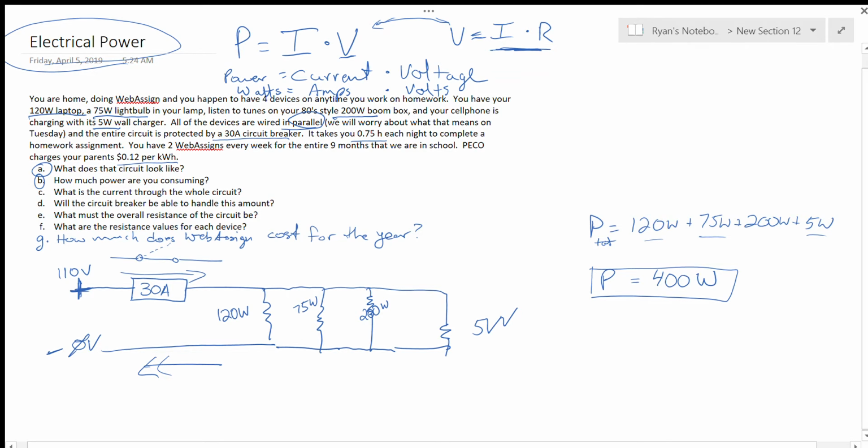What is the current through the whole circuit? Well, we've got a nice equation for that. Power in the whole circuit is equal to the current in the whole circuit times the voltage of the whole circuit. So the voltage of the whole circuit, or the potential difference, is the 110 volts. The power we just figured out is 400 watts.